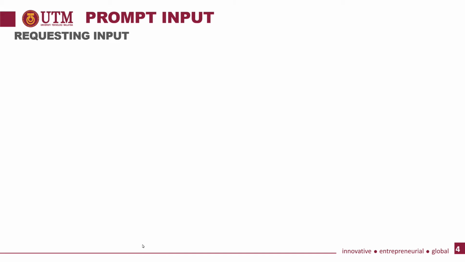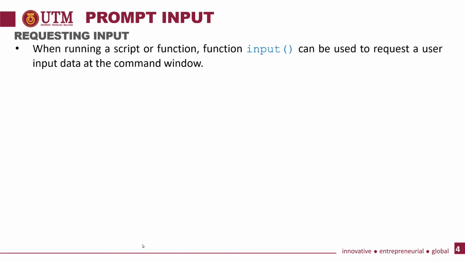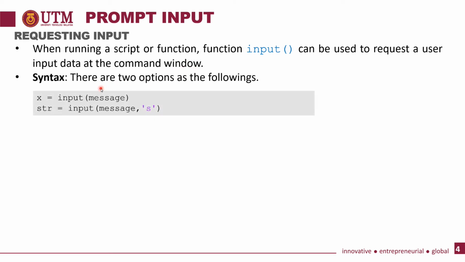But how do we do it? First, when running a script or function, the function input can be used to request user input data at the command window. And the syntax that we use in order to request the input from the user is as follows. You can choose one of the two syntaxes here.